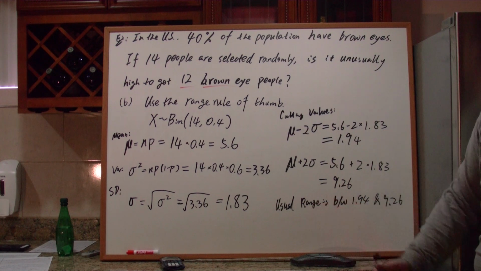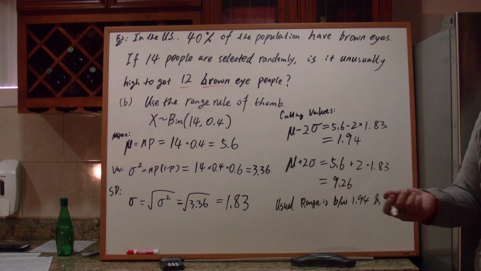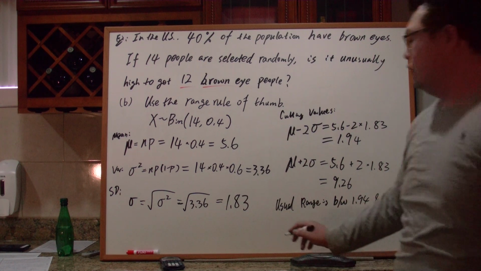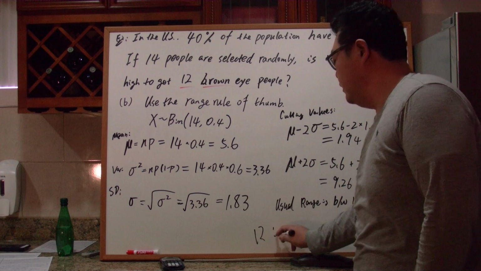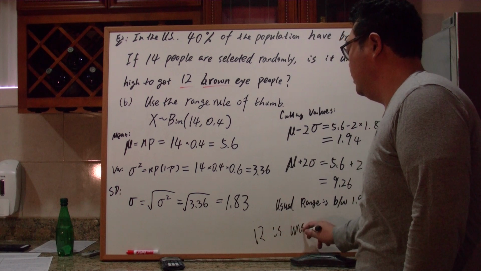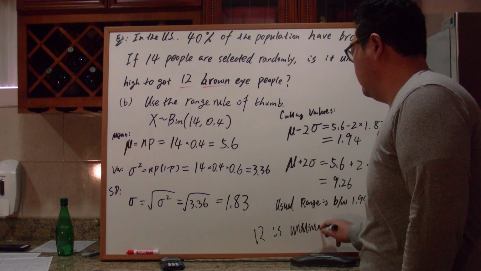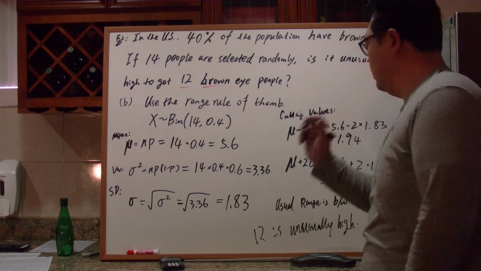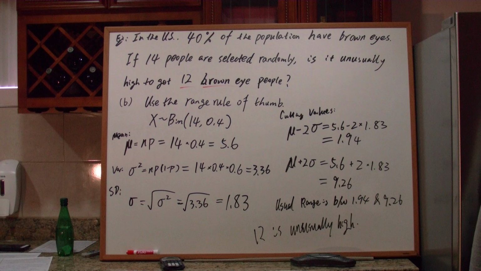Below 1.94 is called unusually low. Above 9.26 is called unusually high. So 12 is unusually high in this case.